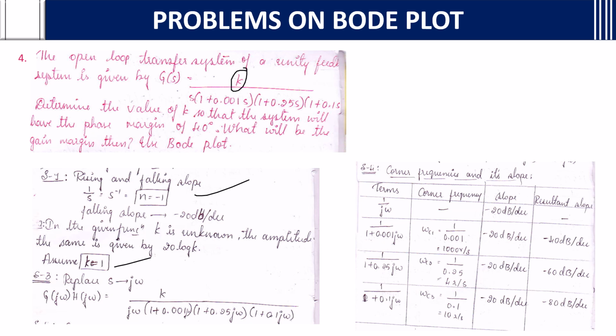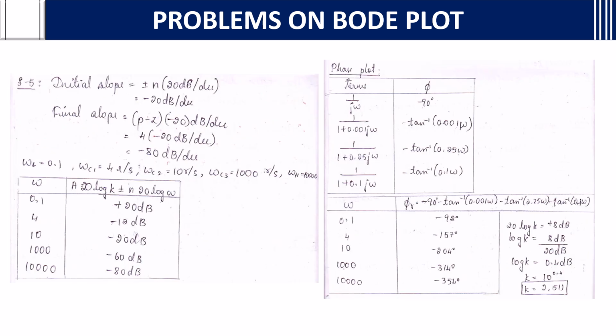As there is no K value, you'll assume K as 1 and convert S into j omega. Write the corner frequencies and find the resultant slope, then the initial slope and final slope. Then for the different corner frequencies you will find the magnitude plot for different values, then write the phase plot. You will get a formula that is minus tan inverse 0.01 omega, 0.25 omega, 0.1 omega.